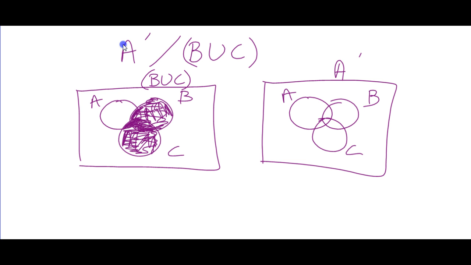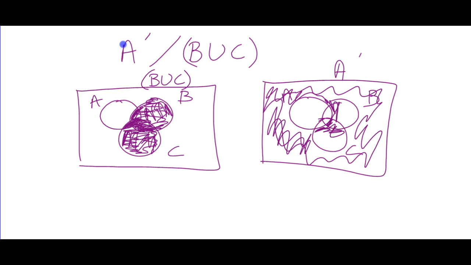So it's basically the entire diagram is shaded except for what's inside circle A. So it's going to include all of this. It's everything but what's in circle A, so all of the outside. Okay, so what I want to do is take this and remove that from it.